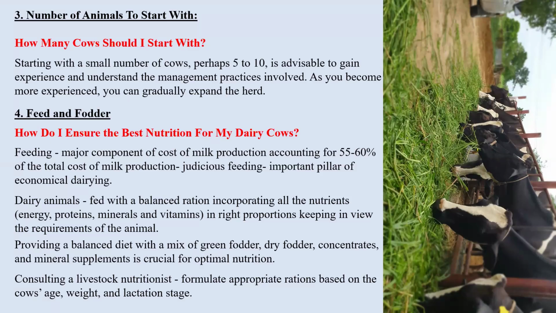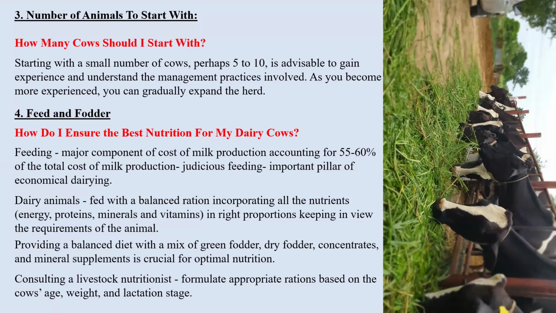Dairy animals which are fed a balanced ratio of feed and fodder, which includes all the nutrients required for the animals, that is energy, proteins, minerals and vitamins, if we provide those feed or fodder in the right proportion, that nourishes the body of the healthy milk animal and leads to production of a higher milk quantity.